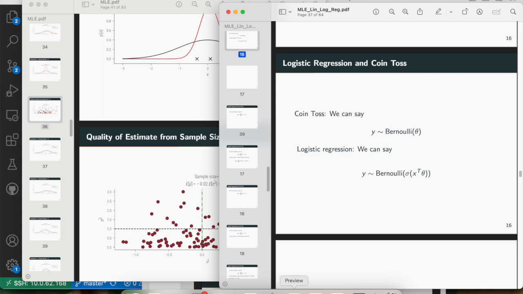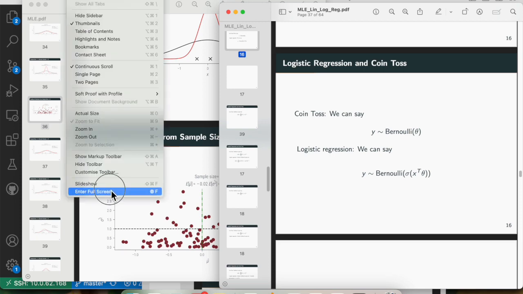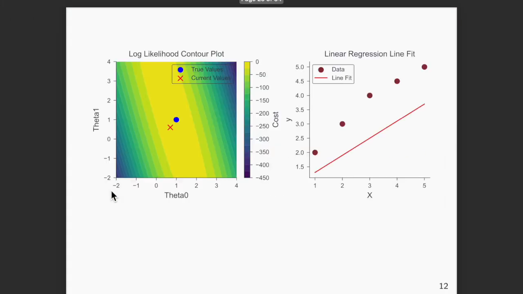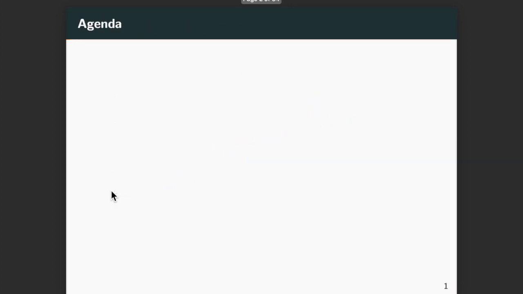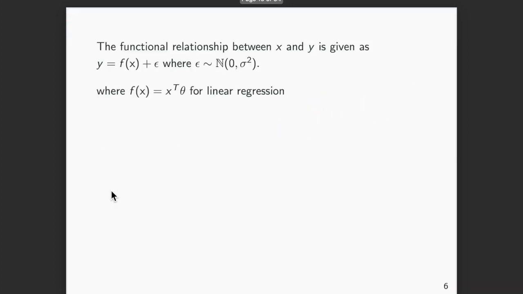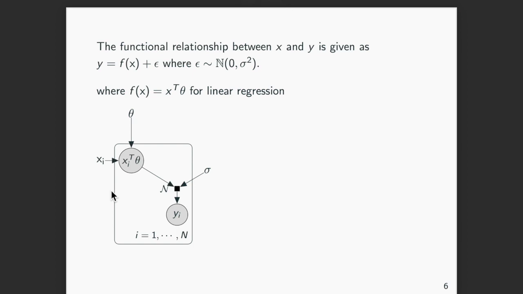So for today's lecture, what we discussed was two problems. We discussed MLE for linear and logistic regression. The important thing here is to understand the generative process, which is if we just understand this graphical model, we'll be able to understand MLE fairly well for such problems. For linear regression, we said that we assume that yi is normally distributed with the mean of xi transpose theta and a certain sigma which is independent of the data as well as constant across all the data terms.